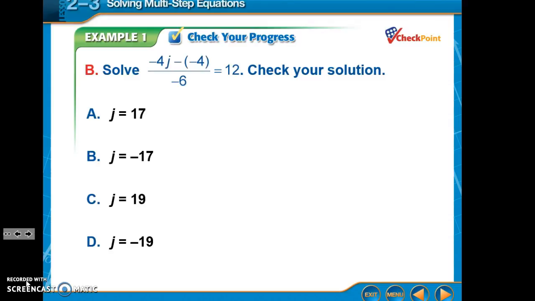For number 1, if you have room on the bottom of example 1, we're going to solve negative 4j minus negative 4, and that whole thing divided by negative 6 equals 12. Alright, so we're dividing by negative 6.